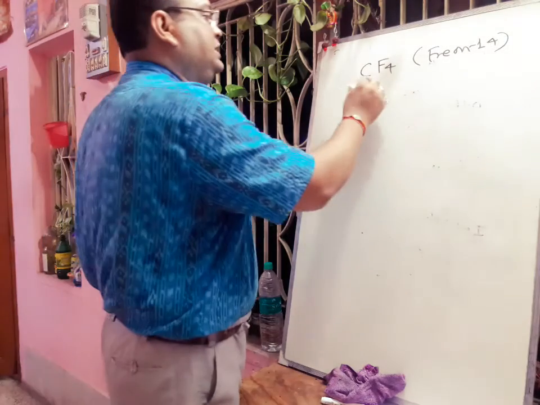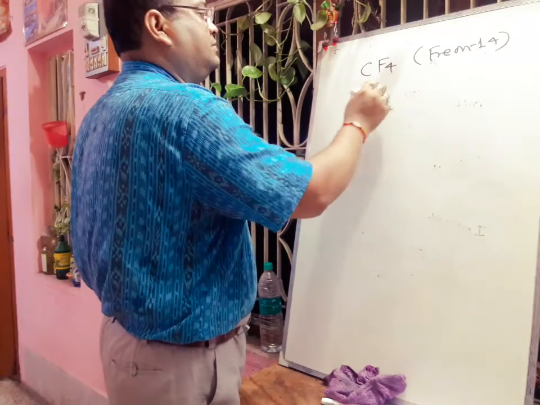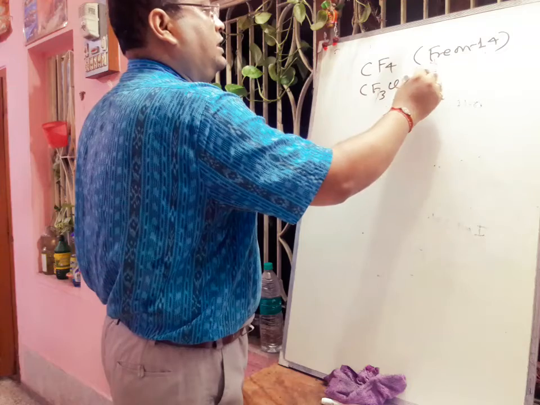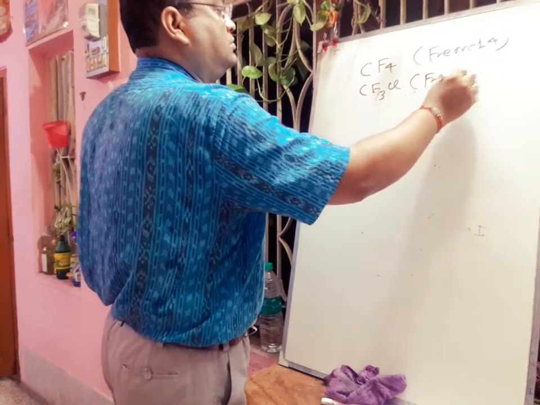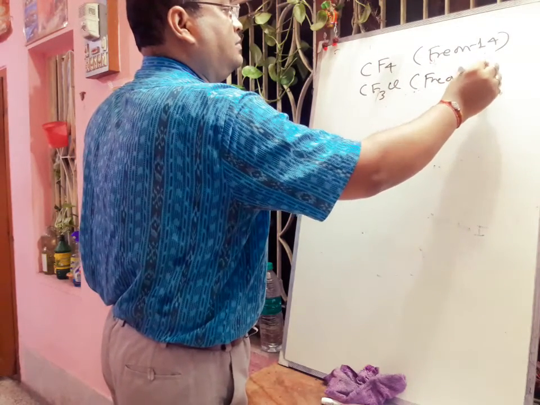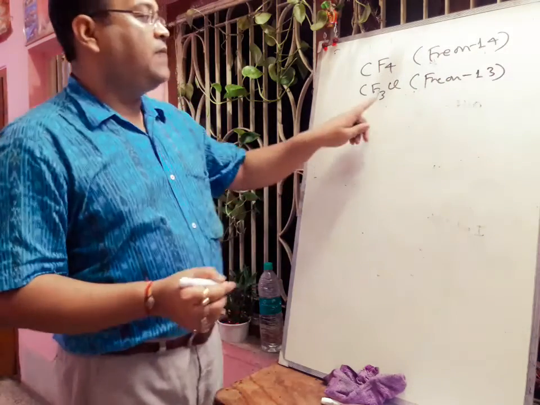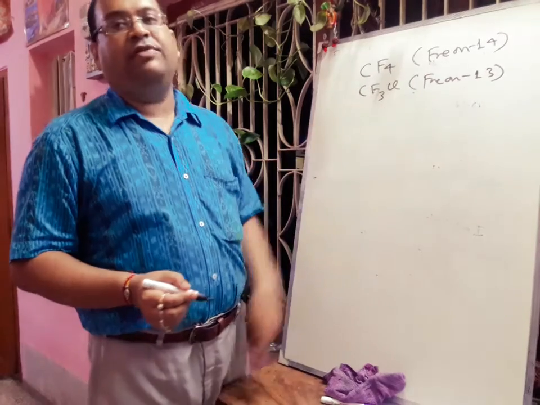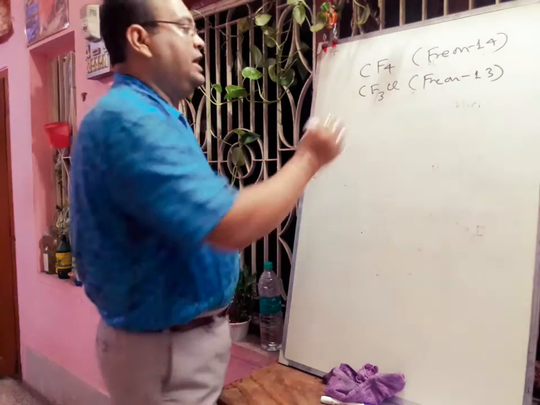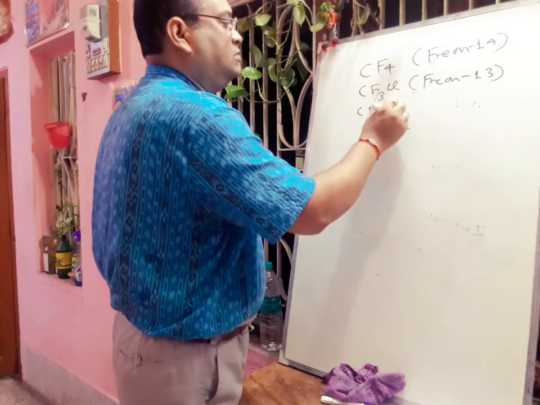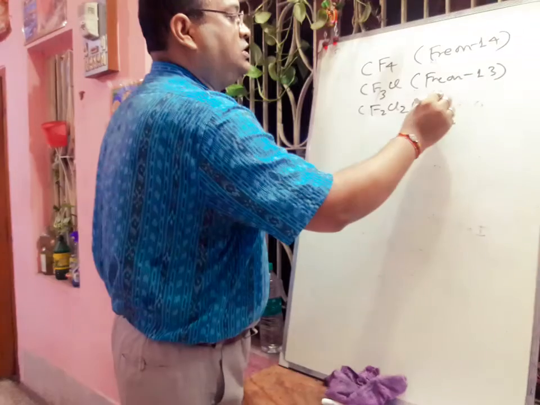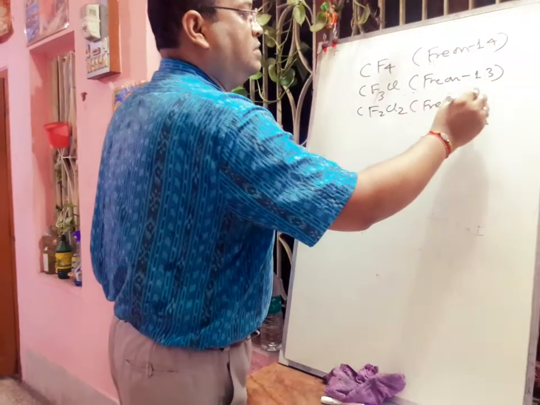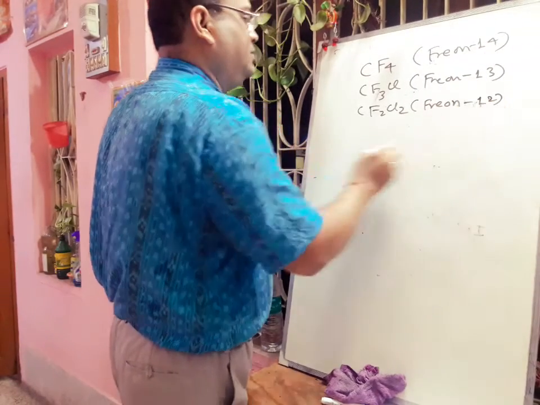Then if we write CF3Cl, it is freon 1,3, because the number of carbon atoms is 1 and the number of fluorine atoms is 3. Next is CF2Cl2. This is the most used freon and is stable.